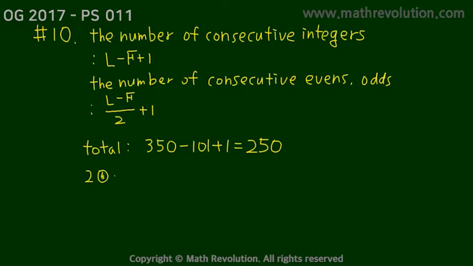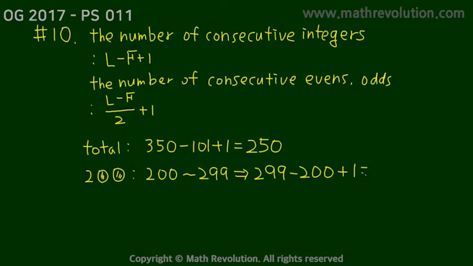Now the numbers with the hundredths digit of 2 is, in other words, the numbers between 200 to 299. So likewise, using that same equation, we put 299 minus 200 plus 1, which is 100.